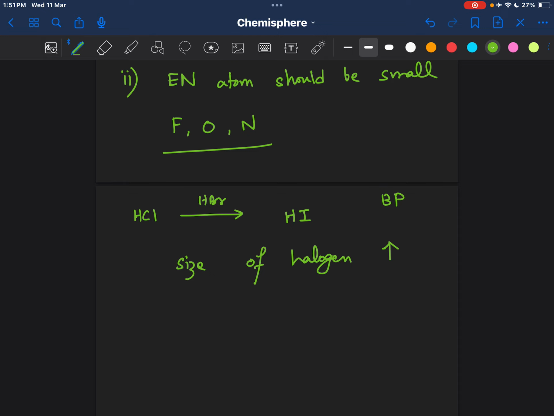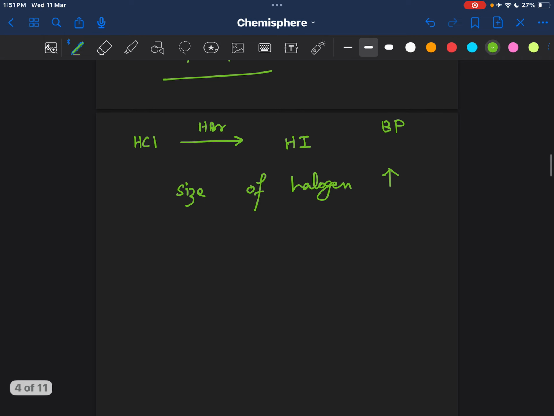These attractive intermolecular forces are also known as van der Waals forces. Actually there are six types of them. One is dipole dipole, another one is ion dipole. The third one is ion induced dipole. Then we have dipole induced dipole. Then we have London dispersion forces. Then we have hydrogen bonding.